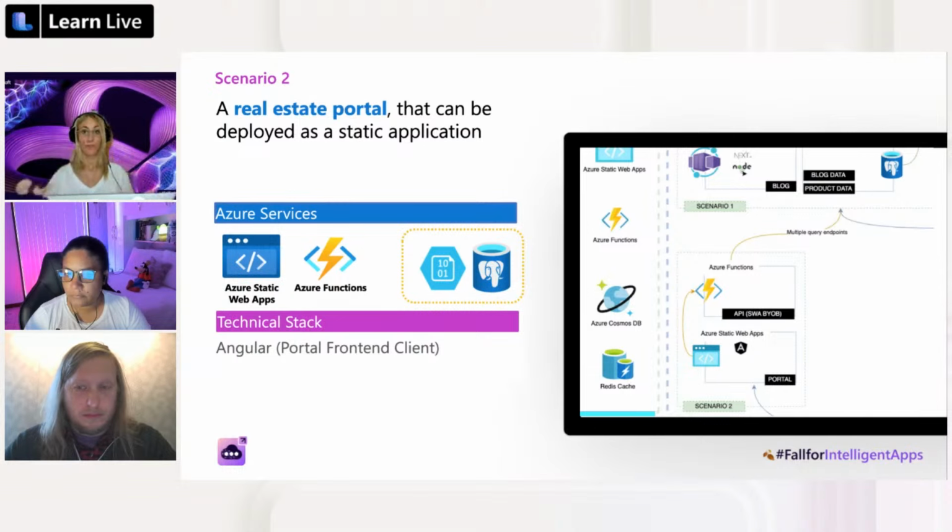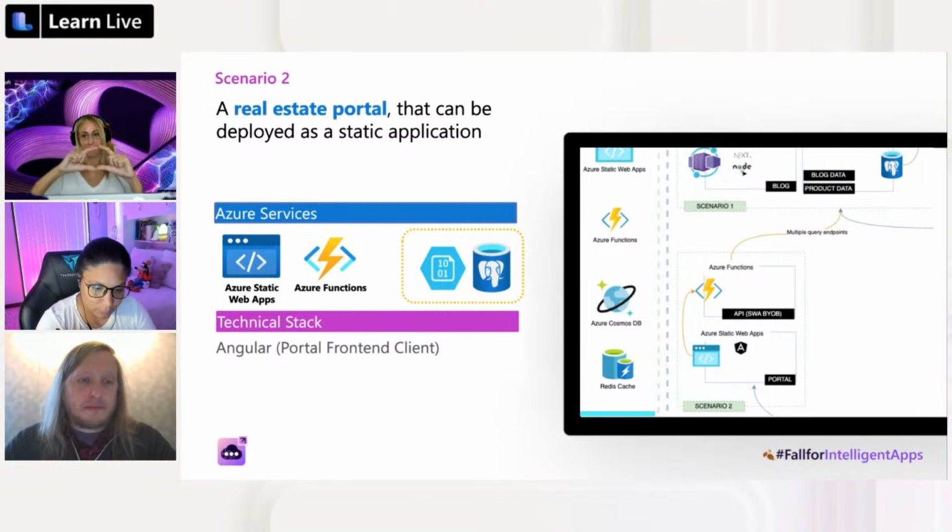But when we are in the portal, we will definitely need this compute, this connecting tissue, as I mentioned before, this API layer, in order to communicate from one application to the other, to fetch data and to get it back.